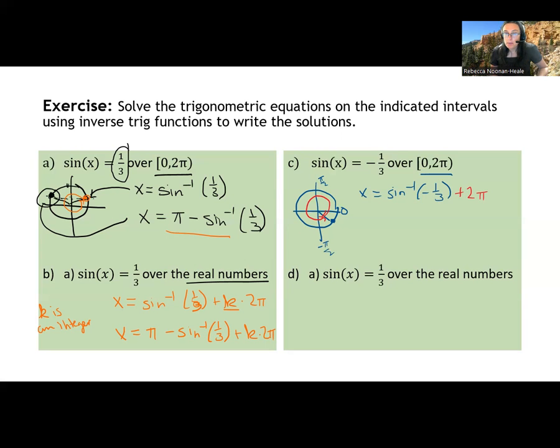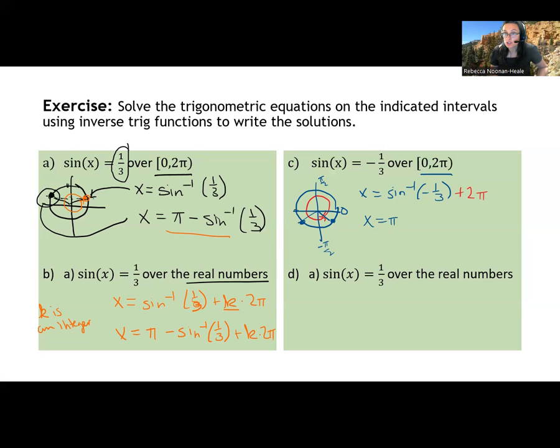Okay. My other angle is going to be down here. And here I can think this through. It's going to have the same amount as from here. So if I were to go to pi, that would get me halfway around the circle.